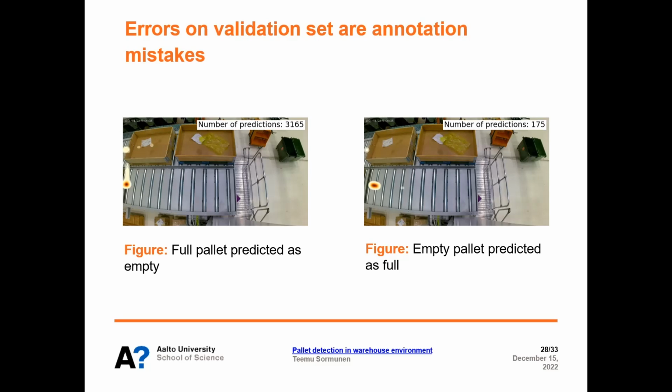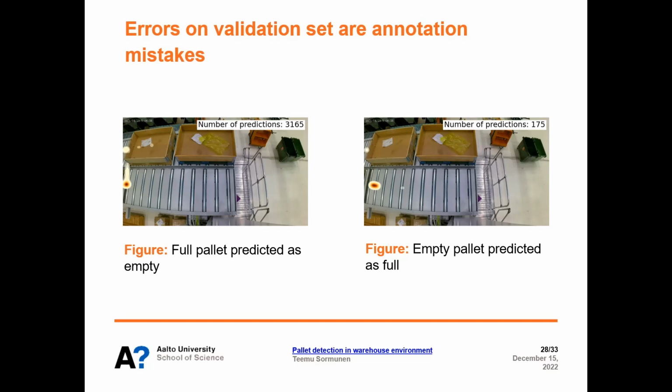We can see that the errors are always on the left side, and we can realize that these errors are the annotation mistakes. The model predicts that the pallet is already a pallet when it's visible, but the validation data says that it's not yet a pallet until the bottom is visible. However, as a conclusion, we can say that the model performs perfectly on the important location, which is at the end of the conveyor belt.